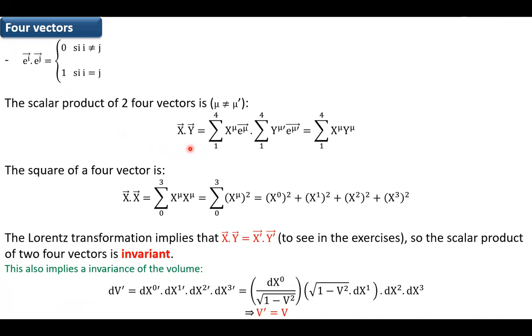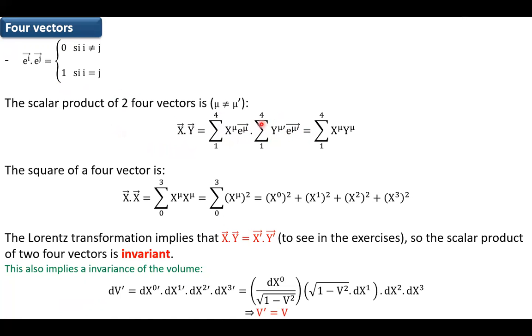So if you calculate the scalar product of two 4-vectors, x vector times y vector, it's the sum of x mu e mu and the sum of y mu e mu prime.